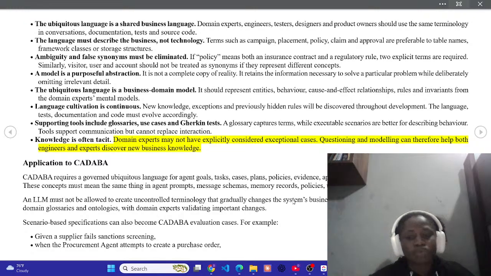Okay, and that is why we said CADABA planes must all be governed. They must all implement complete policies. They must work with business domain knowledge, and so on and so forth. So CADABA should maintain domain glossaries and ontologies with domain experts validating important changes.